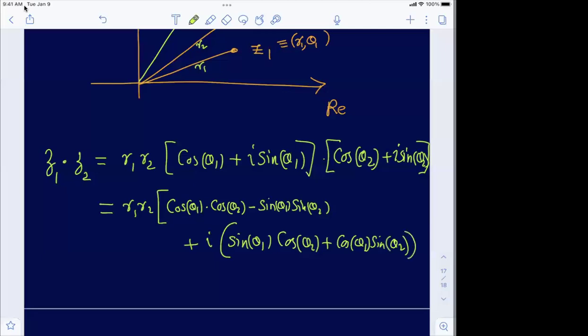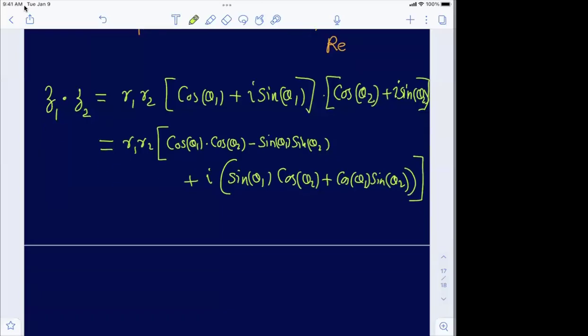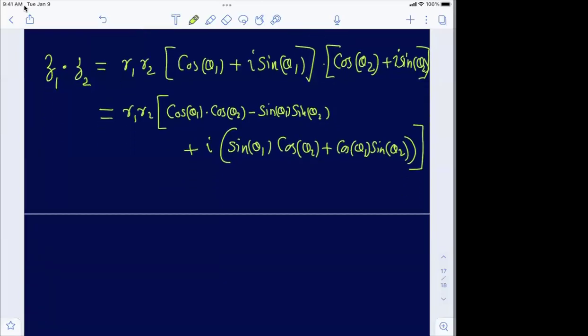Now, this is a simple observation that you need to have from trigonometry when you consider cosine of theta 1 plus theta 2. If you expand that term, this is exactly what you're going to end up getting.